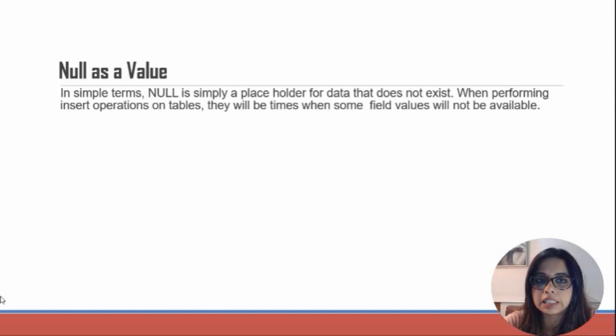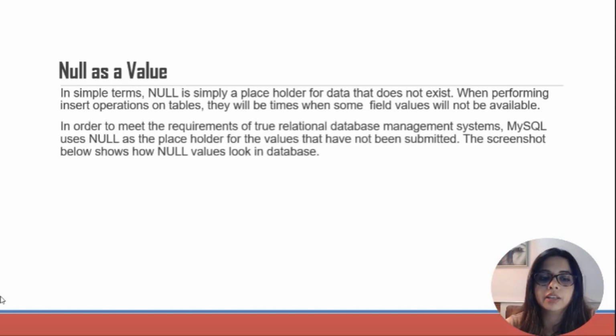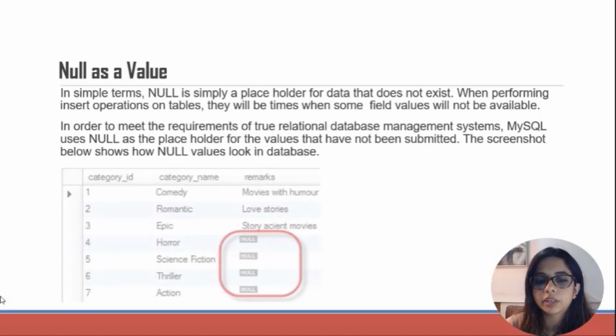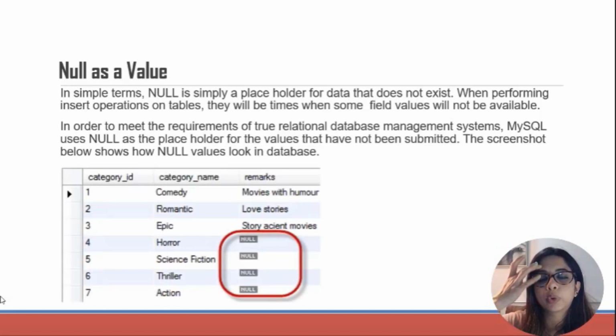So if you're not inserting anything, it is simply a placeholder for data that does not exist. Now while performing insert operations on a table, there will be times when some of the fields will not be inserted. In that case null will take hold of that particular position. Let me show you a query, but in the meanwhile you can just see the screen and the example.